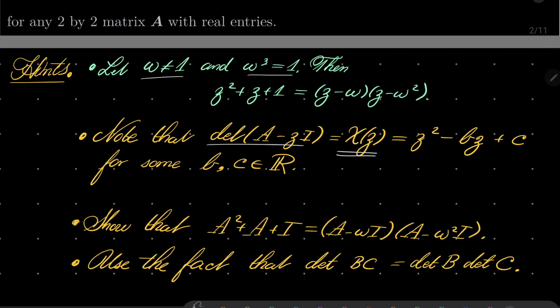Next, notice that the characteristic polynomial, which I will denote by chi of z, defined as the determinant of A minus z times the identity matrix, is some quadratic polynomial.